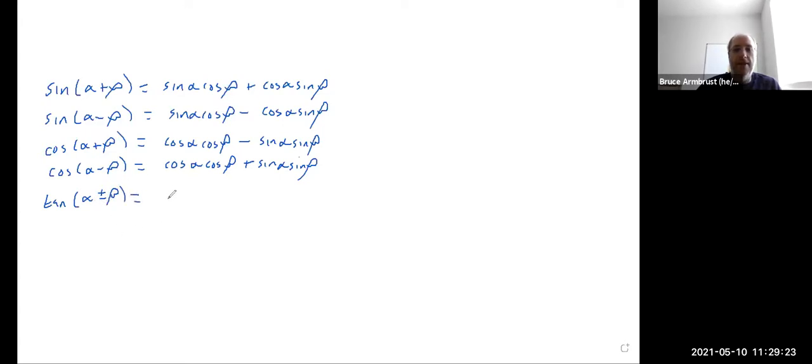Tangent of alpha plus or minus beta, and that's equal to tangent of alpha plus or minus tangent of beta over 1 minus plus tangent of alpha tangent of beta. Writing it as minus plus just makes it so that the top ones correspond with each other. All right, well, anyway, so we developed these last time. We also did double angles that came from these, but we developed these last time.